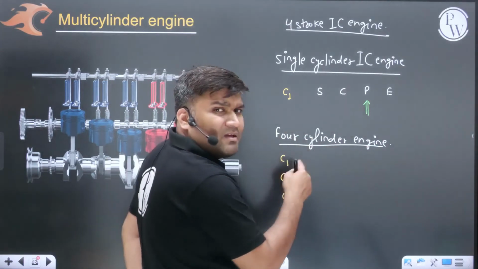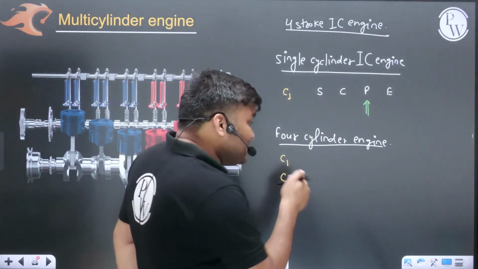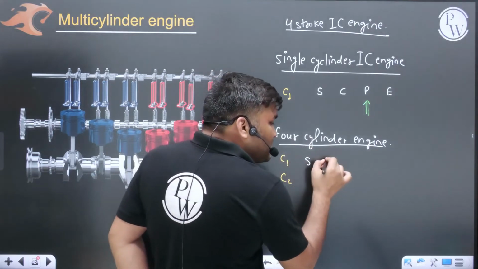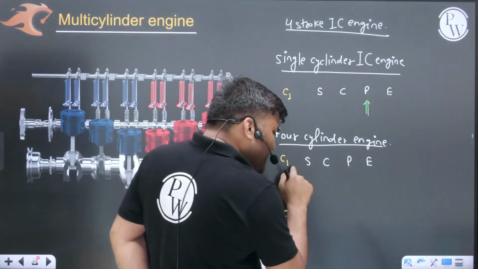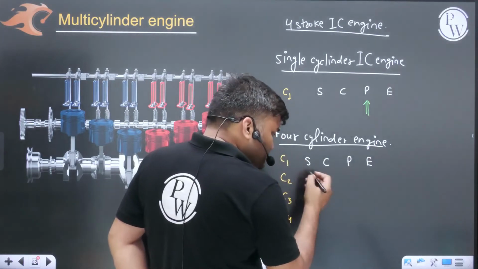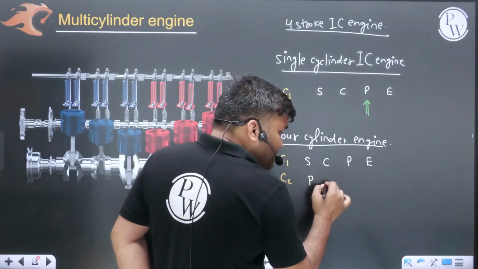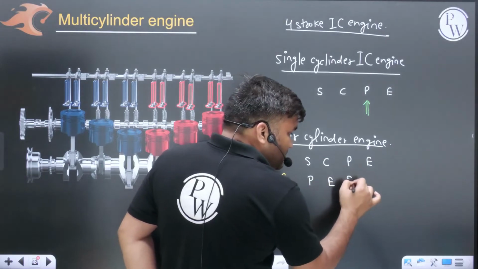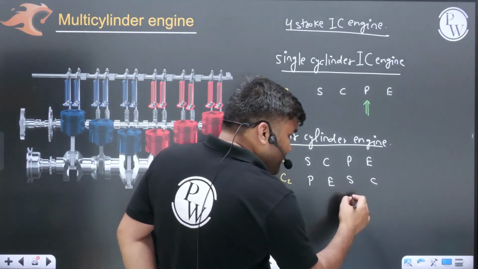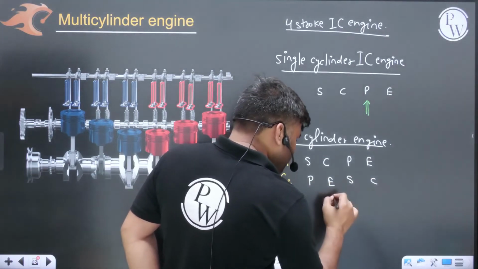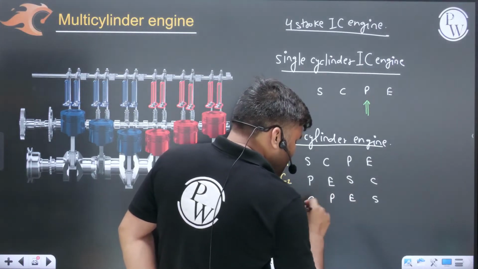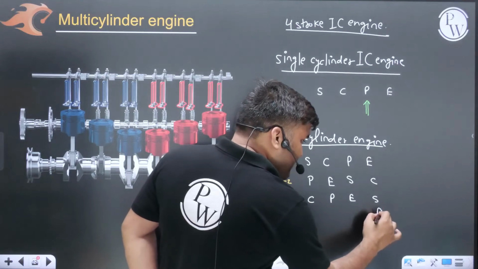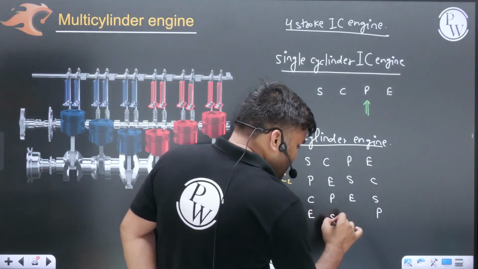I have set the firing order in such a way that in C1 cylinder I am having suction, compression, power, exhaust, in C2 cylinder power, exhaust, suction, compression, in C3 cylinder power, exhaust, suction, compression, and in C4 cylinder power, exhaust, suction, compression.